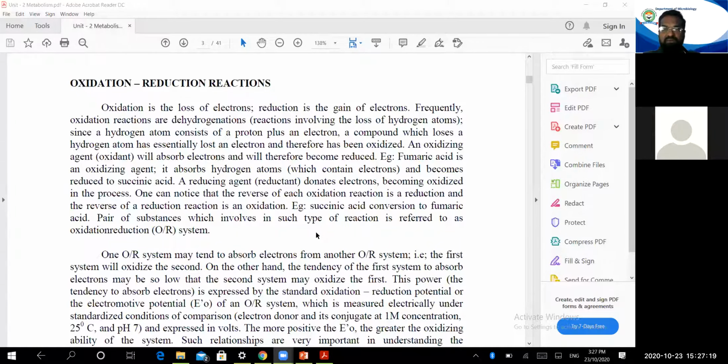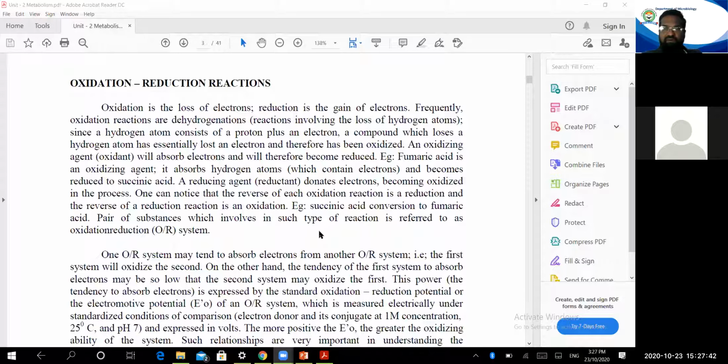Why does this happen? In the substrate molecule, electrons are removed, it gets oxidized, and whatever electrons were removed are shifted to some intermediate compound or some other chemical. That chemical, since it is gaining the electrons, becomes reduced.